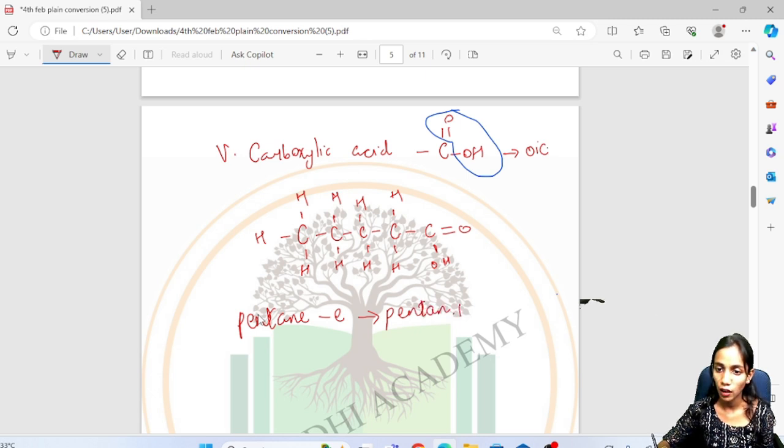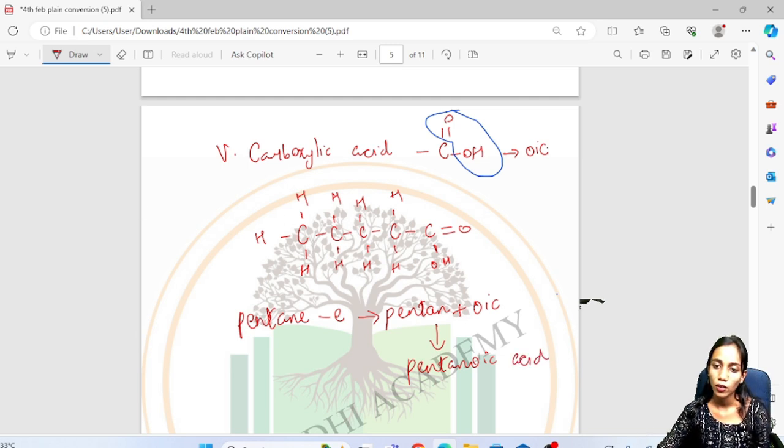Now because it is C double bond OH, it is OIC, and the name of the compound is pentanoic, and this is called an acid. These are carboxylic acids, and all the compounds with this group are named as acids: butanoic acid, ethanoic acid, methanoic acid, and pentanoic acid.